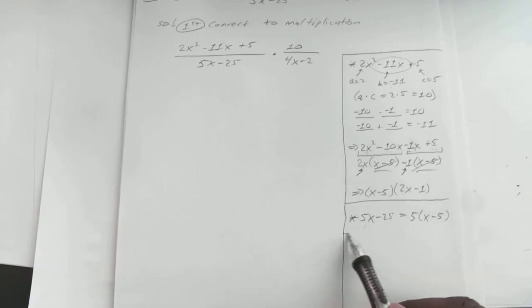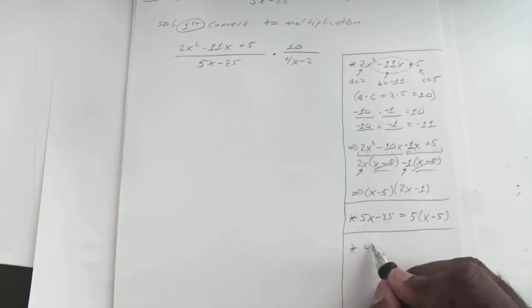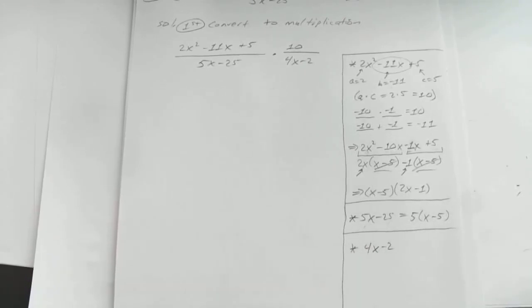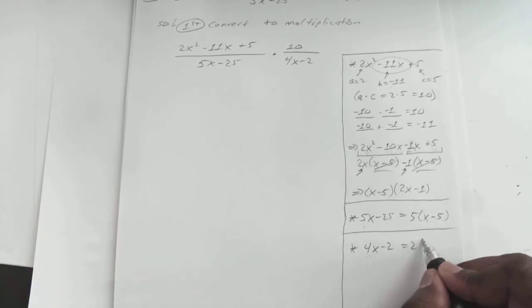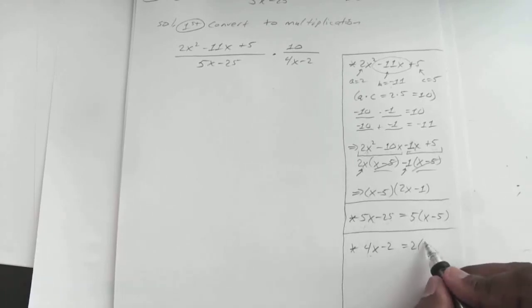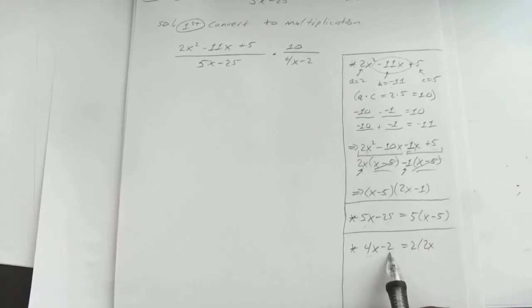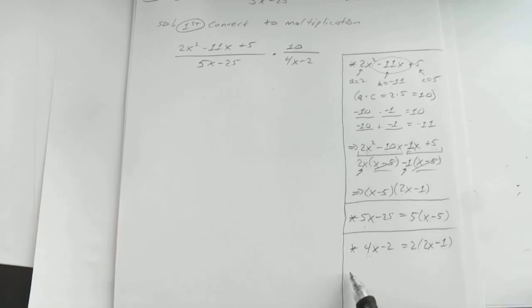So that one factored out pretty quick. And our 4x minus 2, we can factor a 2 out of both of those. And 2 times 2x will give us our 4x. And 2 times -1 will give us our -2. Okay, so we're good on all of our factoring.